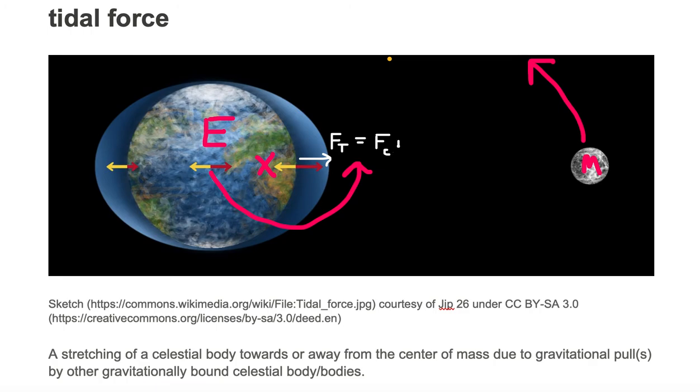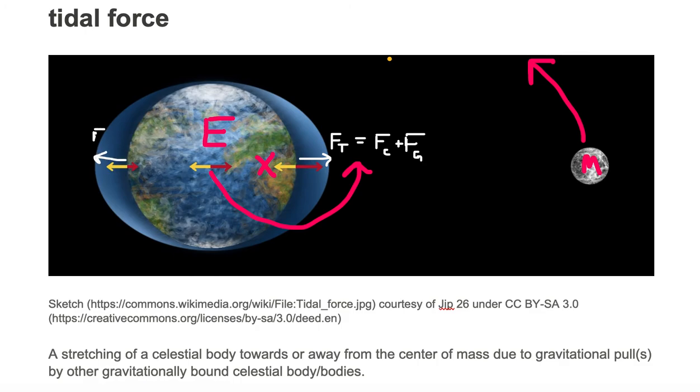And on this near side of the Earth that's facing the Moon, that direction is going to be towards the Moon. On the far side of the Earth, the centripetal force is actually larger than the gravitational force, so the net force is pointing away.